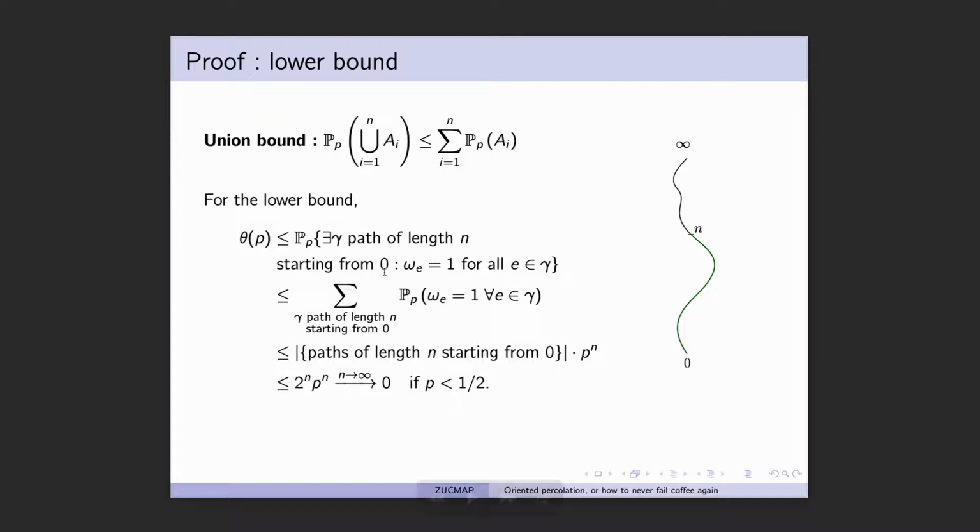We use the union bound to sum over all the possible paths of length n. We sum the probability that they are open. This is exactly p to the n, right? It's the probability that every edge is open, and everything is independent. And we get the following bound. Since the number of paths of length n starting from 0 is at most 2 to the power n, because every time we choose a direction to go to, we get this, which goes to 0 if p is sufficiently small.